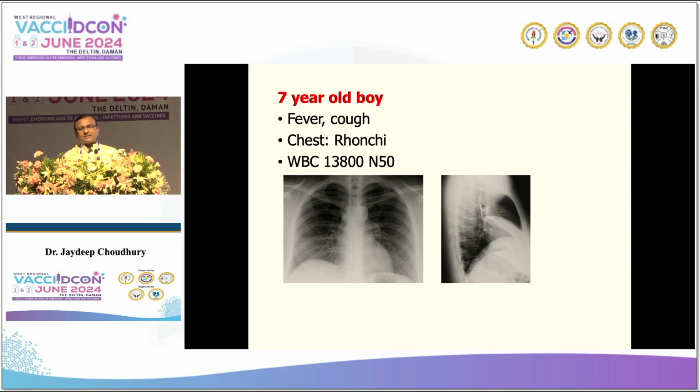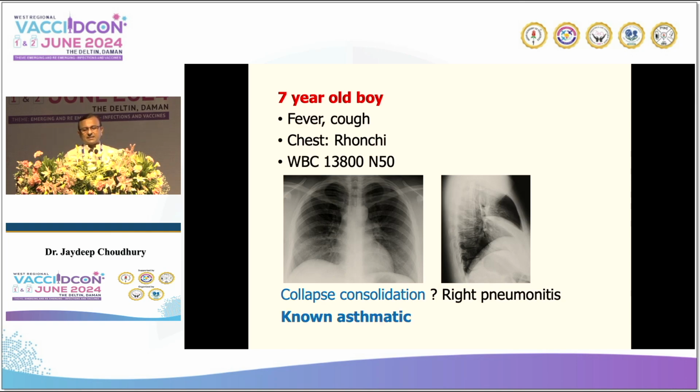So a lateral X-ray was done, and in the lateral X-ray you can see the two fissures. There is upward bowing of the major fissure and the minor fissure is depressed down. So there is a triangular opacity which definitely looks like a collapse consolidation or a pneumonia. So the initial diagnosis obvious that comes to our mind is a right-sided pneumonitis.